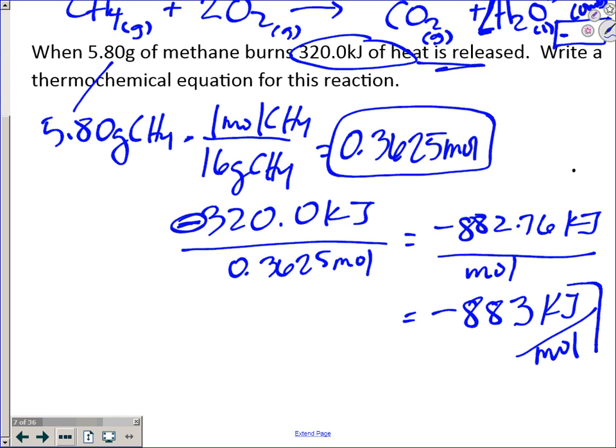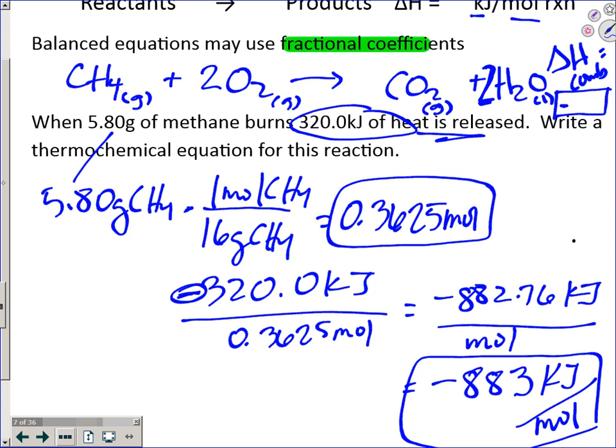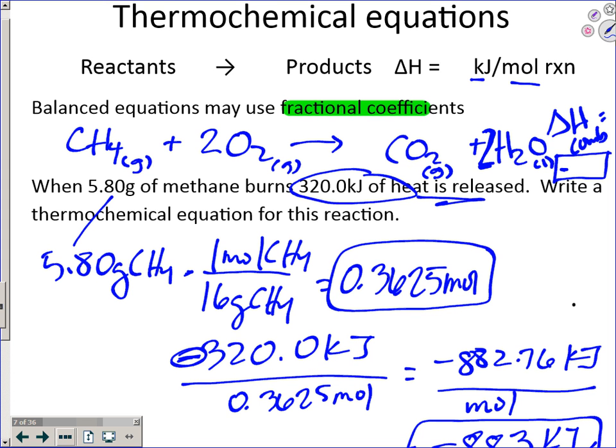And this is speaking to moles of anything in the reaction. So it's technically, I'm going to write that at the top now, negative 883. Squeeze it in here. Negative 883 kilojoules per mole. Okay. So that means that when 1 mole of methane combusts, it's releasing 883 kilojoules.